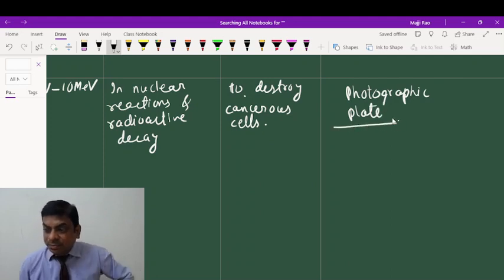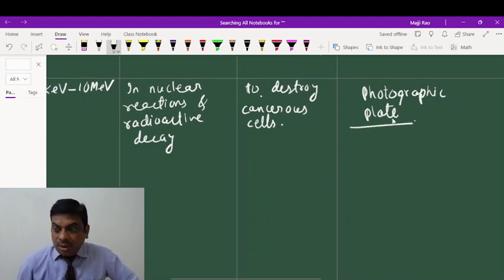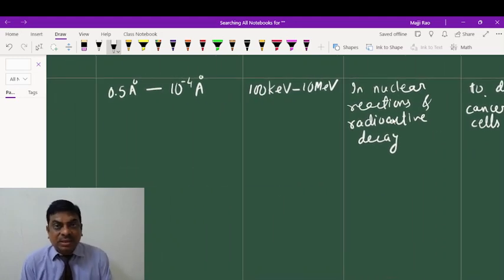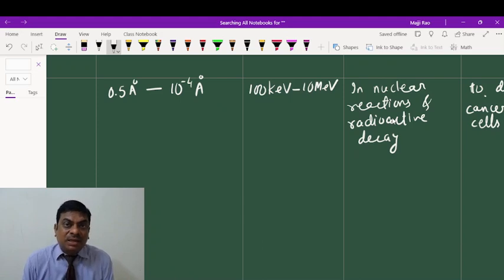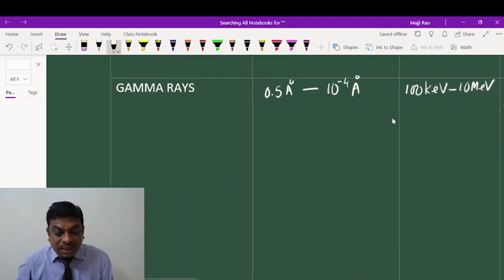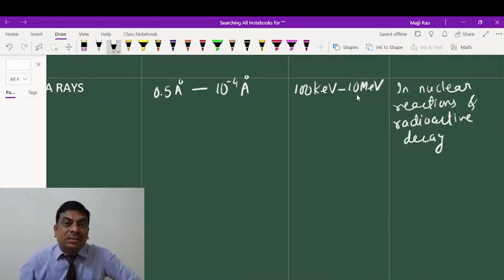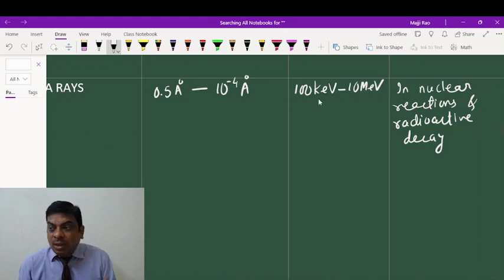Okay, students. So now the type of questions which they ask in JEE Mains and NEET is like this. They'll ask you in which spectrum of the electromagnetic wave it lies. That means they would ask you to identify whether it is microwave or X-ray or what. So the trick is either you can find the wavelength or frequency, or energy. They'll be giving you a clue to find the wavelength or frequency or energy.